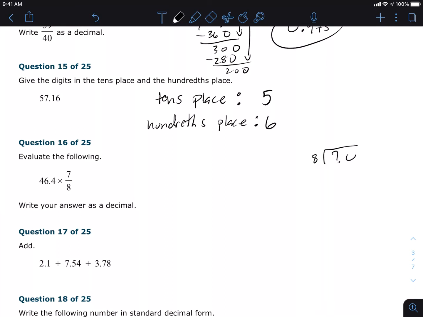But that doesn't help you, so I'll show it. So this should be an 8. That's going to give me 64, which will give me a 6. We'll bring down the 0. That's going to be a 7. And then a 4, bringing down that 0. And that's going to be a 5. So it's 0.875.